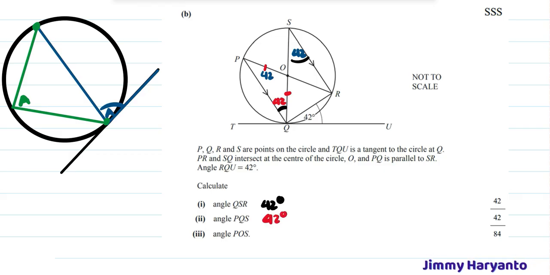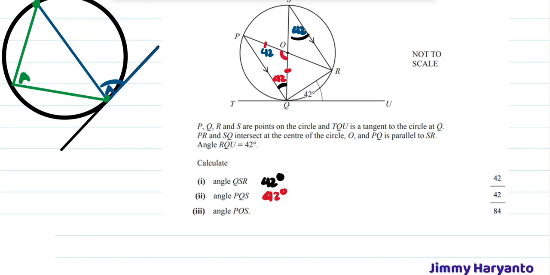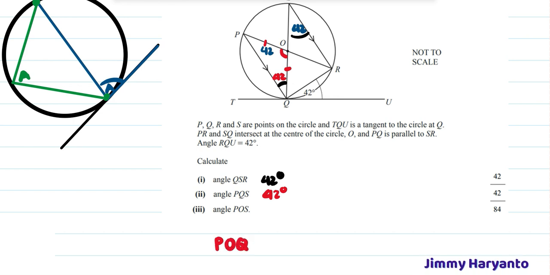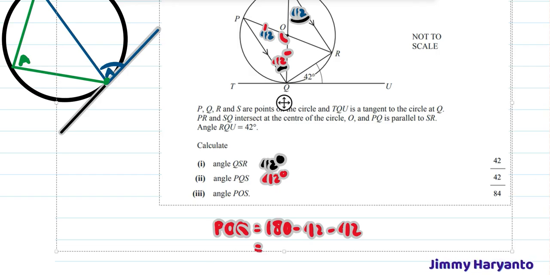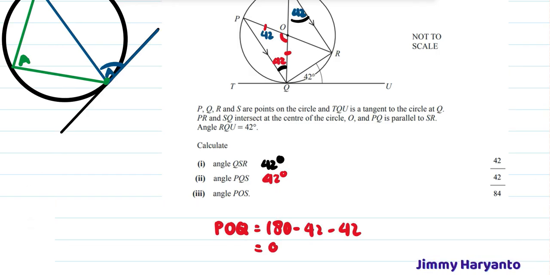Next is POS. Okay, let's try to find this one first. So POQ equals 180 minus 42 minus 42 equals, let's see, 96.